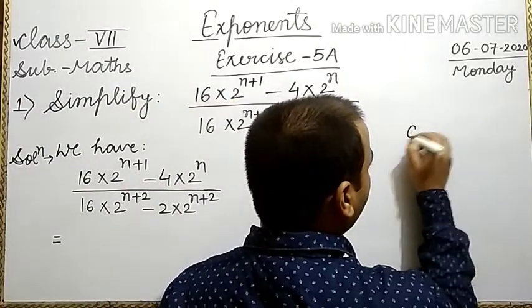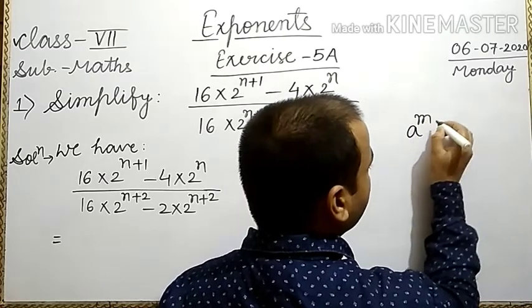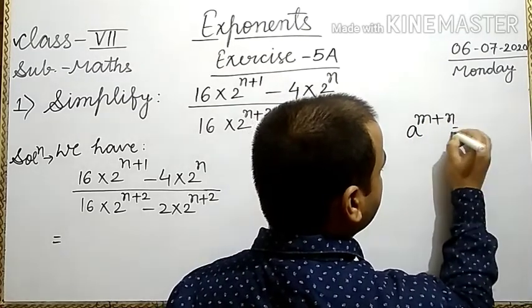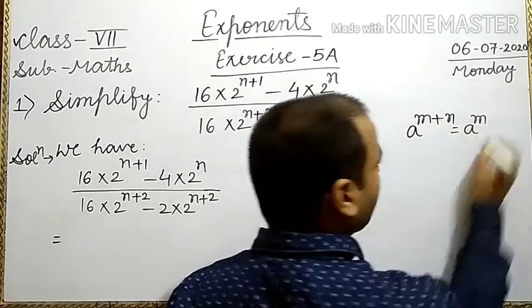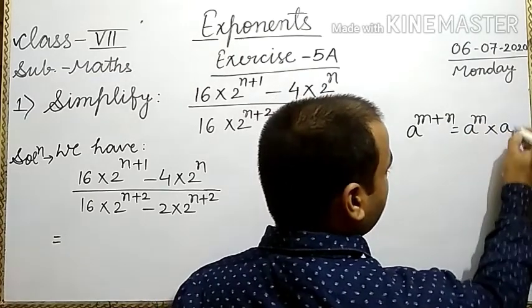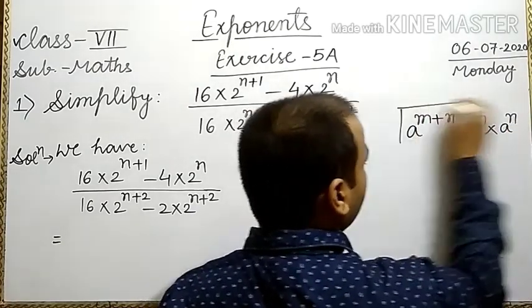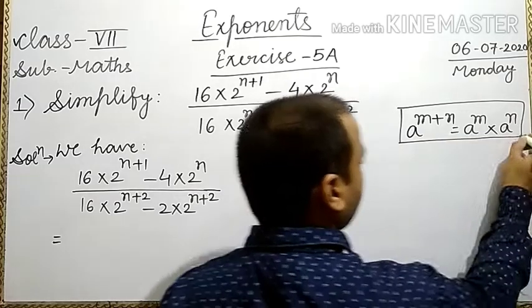We know the law of exponent: a power of m plus n is equal to a power of m into a power of n. This is called the law of exponent. You must always remember it.